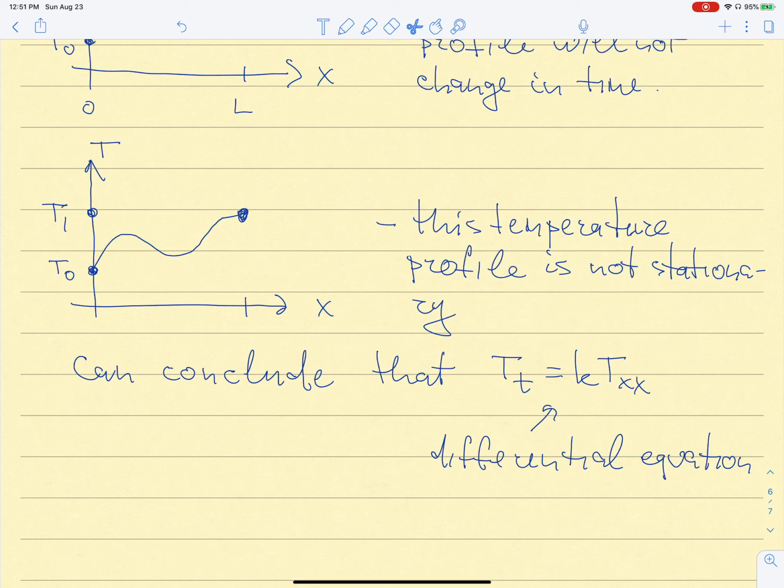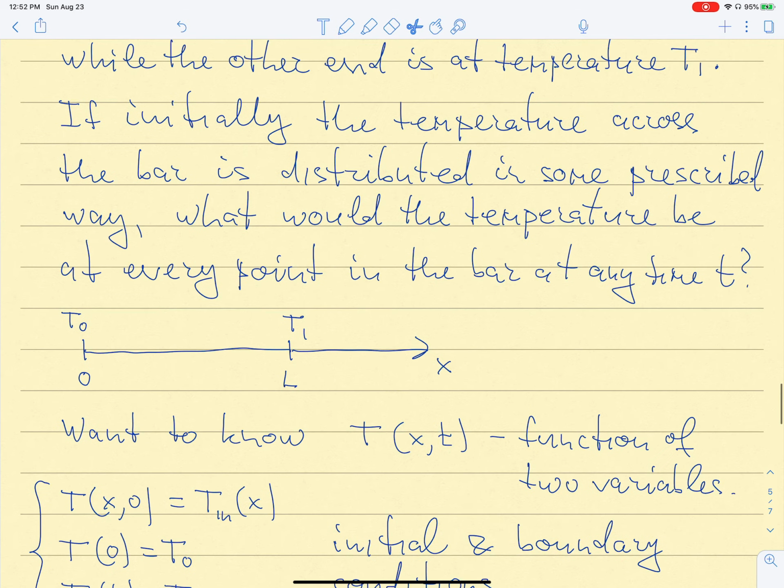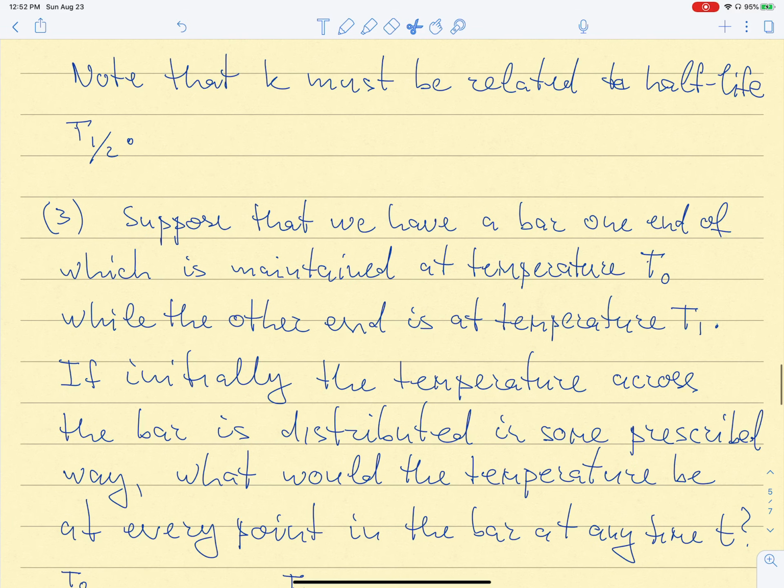And of course, solving this problem must be much more complicated than solving the previous two problems, because now you have to solve an equation which involves two different kinds of derivatives. So to summarize, in this class, fortunately for you, we're not going to consider any differential equations that involve partial derivatives. So example 3 is just for your general education. We're only going to consider problems that are more complicated than what I showed you in 1 and 2, but the easy thing about them is that they're only going to involve ordinary derivatives.